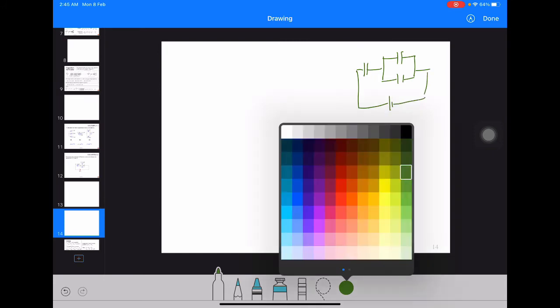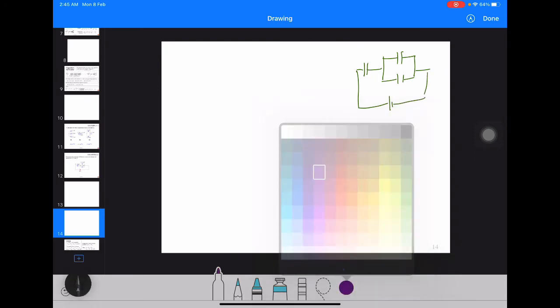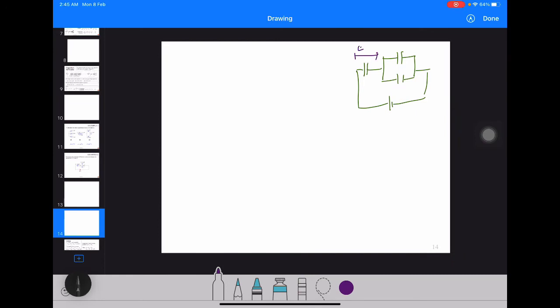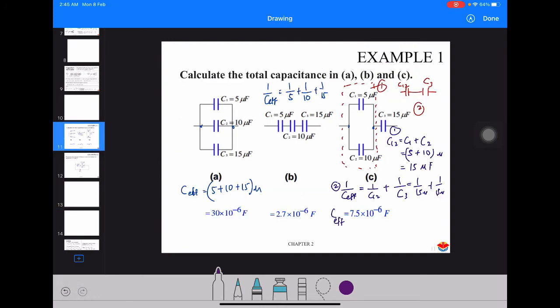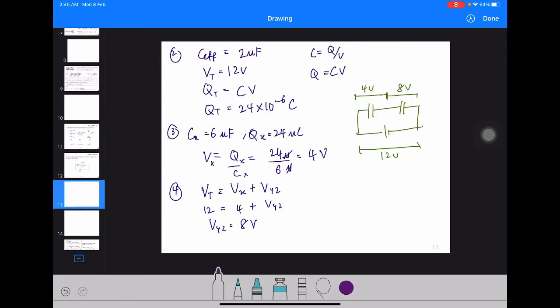Okay, the 8 volts. Okay, this one is 4 volts. The 8 volts actually represents this part, because this one is parallel, so it has the same 8 volts. So you have C over here, which is equal to 5 and 10.